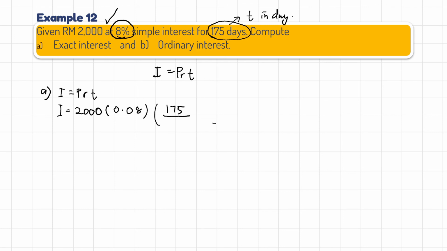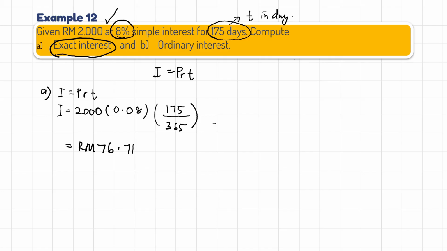Since the question asks for exact interest, please remember exact interest we need to divide by 365. Then just press your calculator, you will get your answer RM76 ringgit and 71 cents. This is for exact interest.